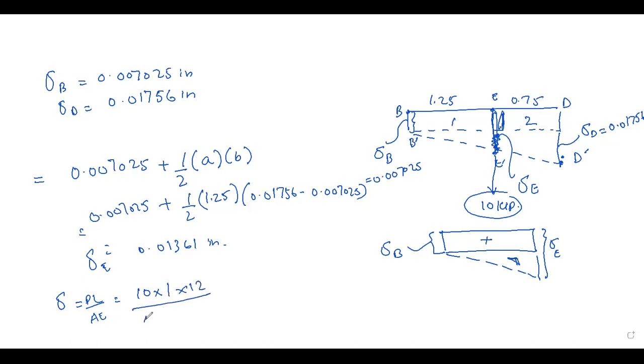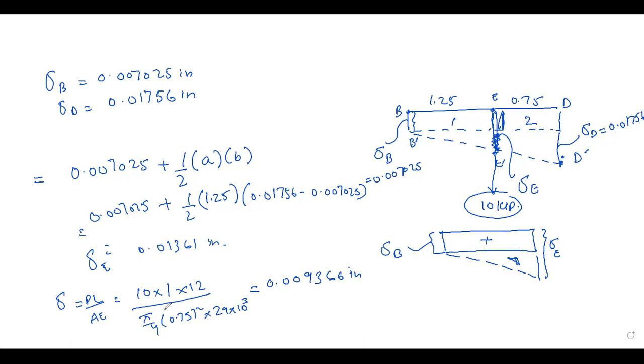Area of that one is pi by 4 d square, 0.75 square, multiplied by E, 29 into 10 raised to the power 3, which is 0.009366 inch.